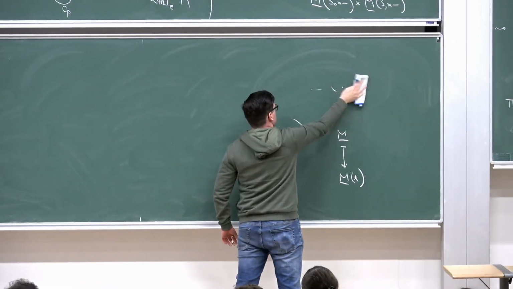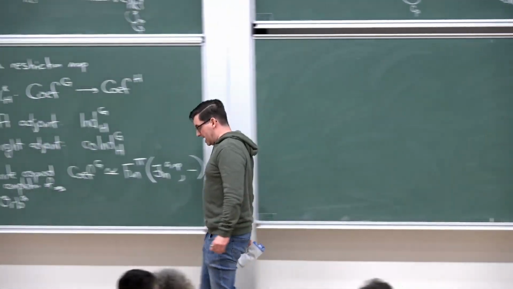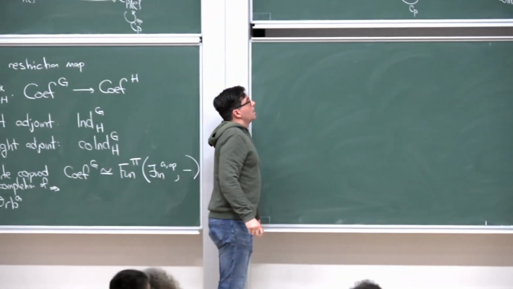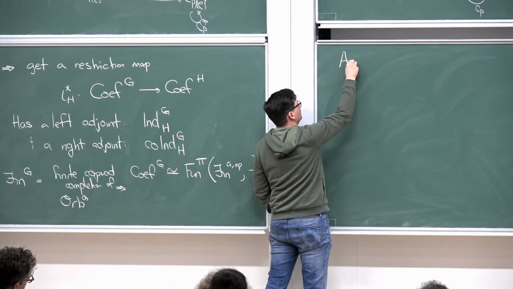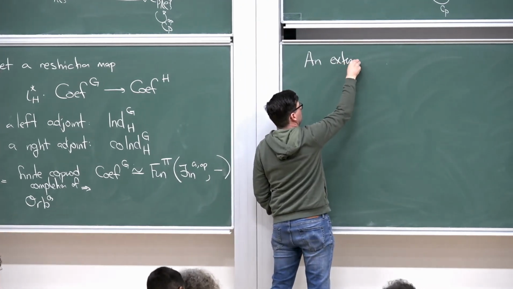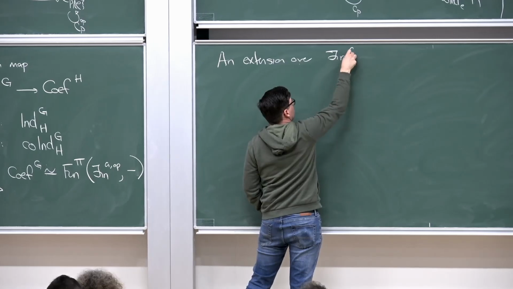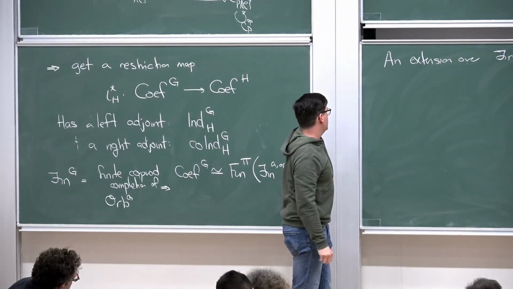But for now, let's think of what it would mean to extend this over fin G. So an extension over fin G is what? Well, let me build up inductively.